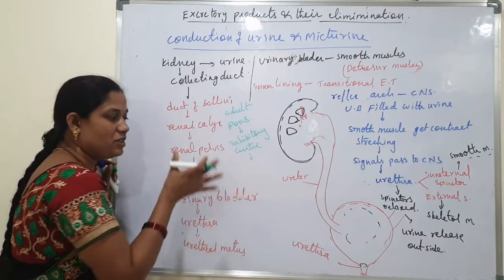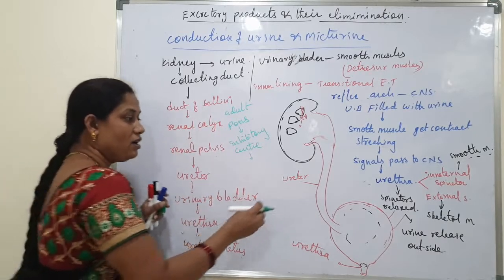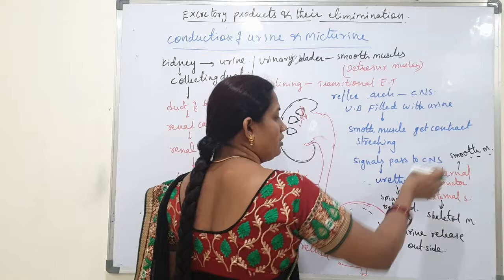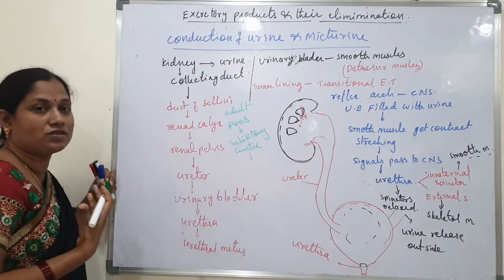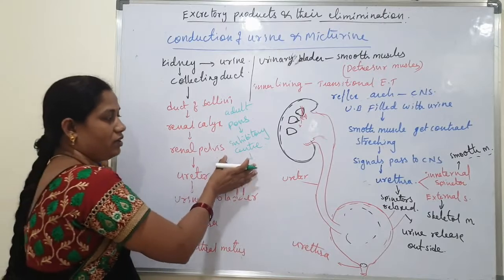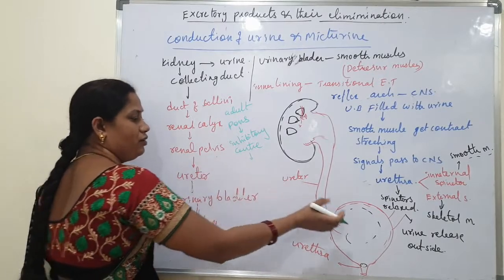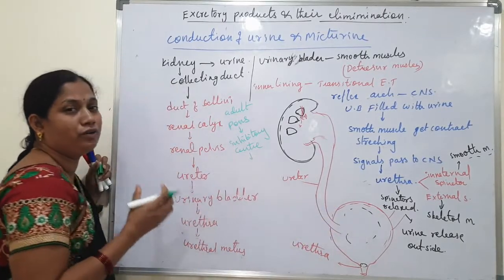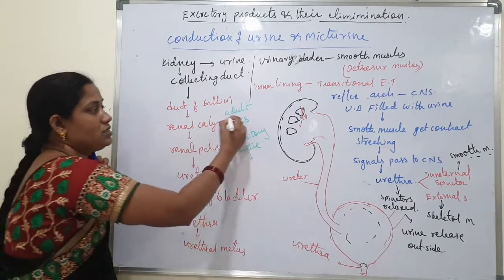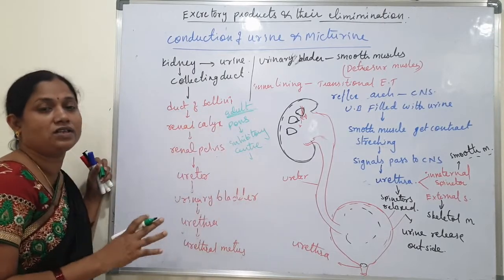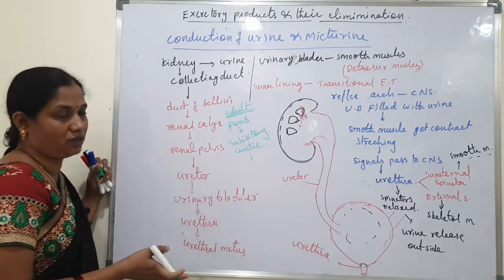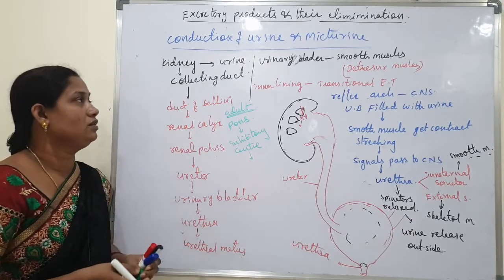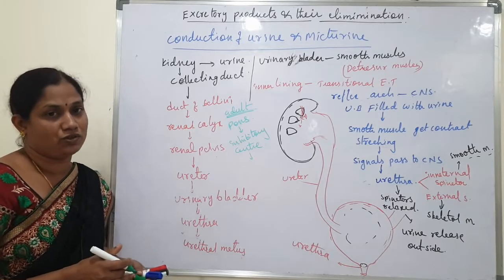This inhibitory center inhibits the opening of the sphincters, which means it controls urination, so the urinary bladder can hold the urine for a longer period. This works in adults. In infants, in kids, it's not working. So this is conduction of urine and micturition.